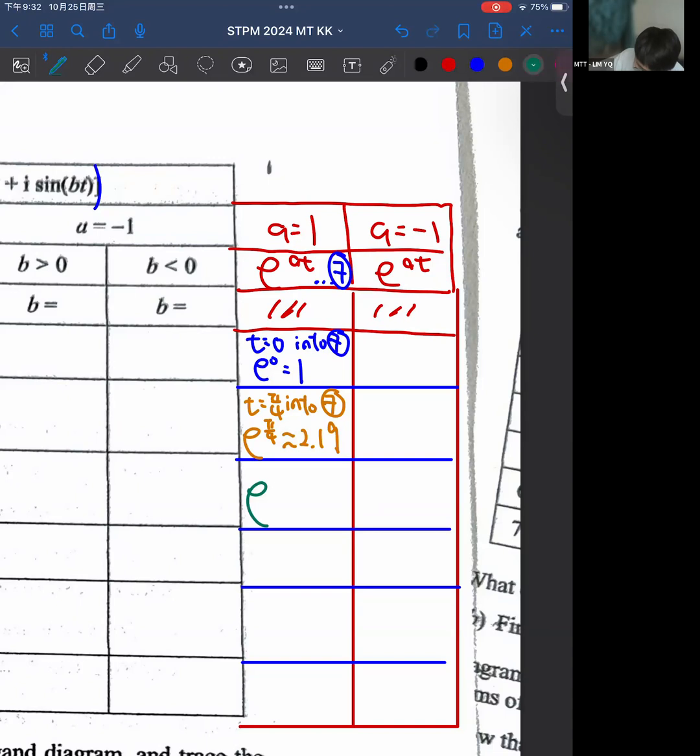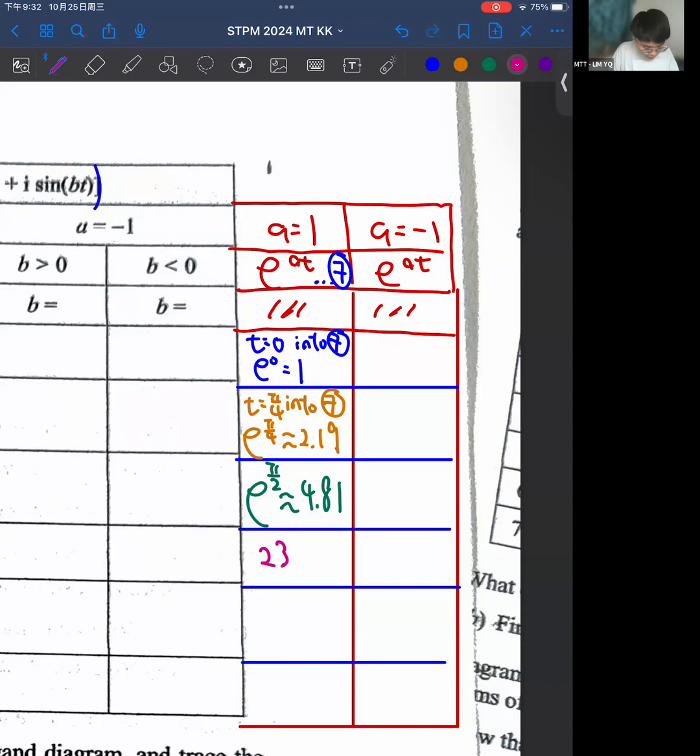What is e power pi over 2? Around 4.81, sorry. I think correct, am I right? 4.81. I give you the rest of the values. You may write them down first, later you prove it by yourself.